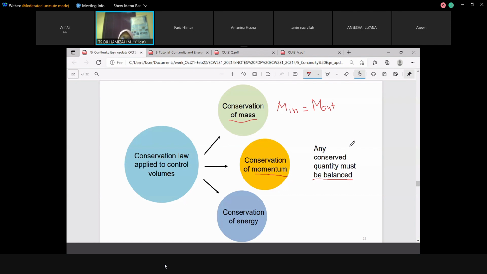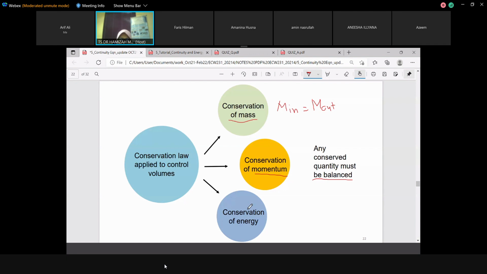So maksudnya the water flow hit the wall. So you need to calculate momentum out of the pipe, out of the nozzle, momentum in. So momentum out dia adalah dekat dinding. So samalah. Momentum in akan sama dengan momentum out. So the difference maybe the velocity ataupun area. Ataupun pressure. Okay, so the momentum is still the same.